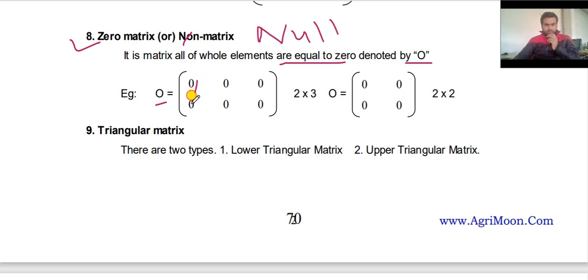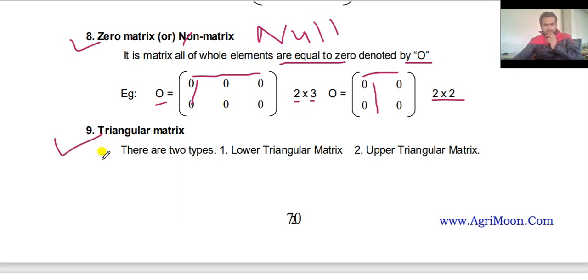Here the number of rows is 2 and the number of columns is 3, so this is a matrix of order 2 by 3. Here the number of rows is 2 and the number of columns is 2, so this is a matrix of 2 by 2.